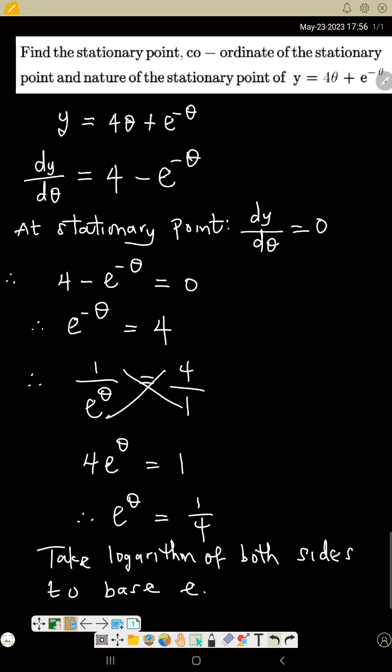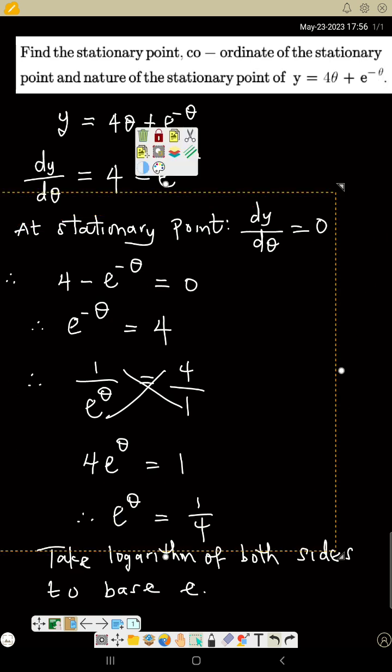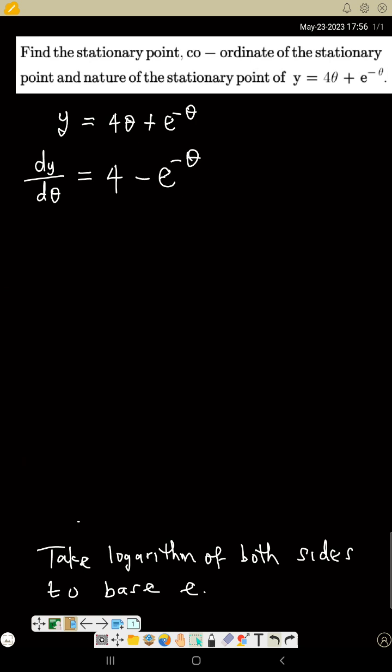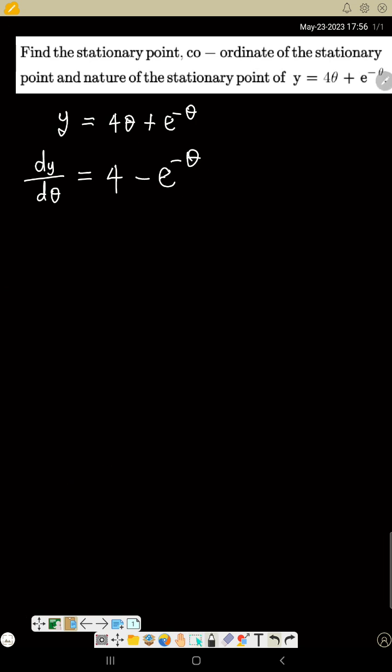So from here now, e raised to power theta is 1 over 4. Now take the ln of both sides.